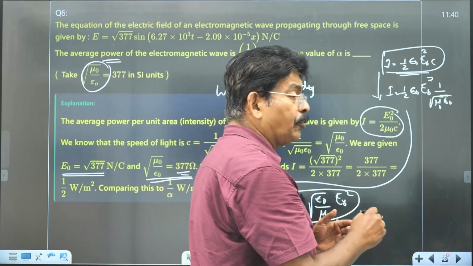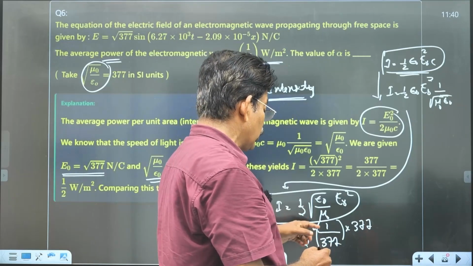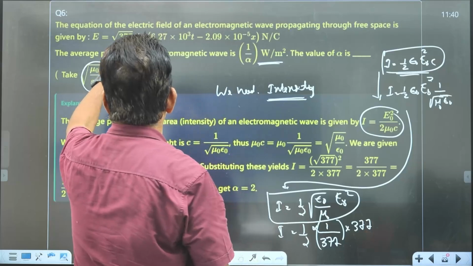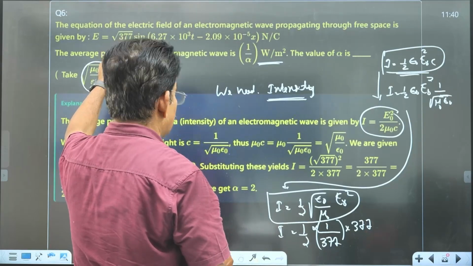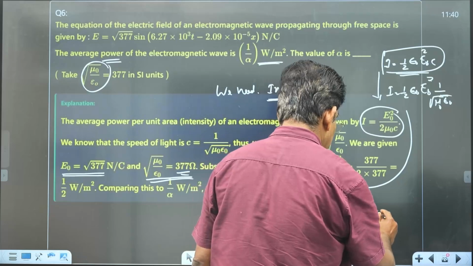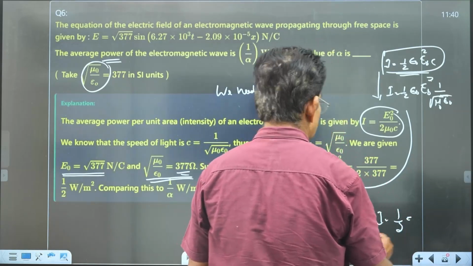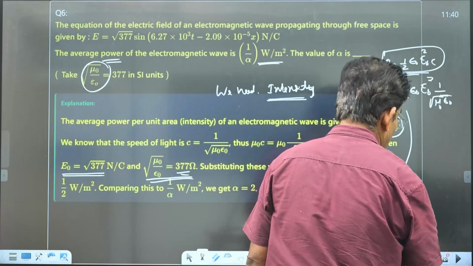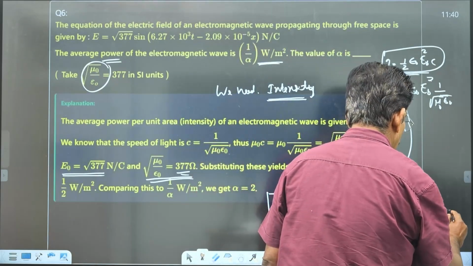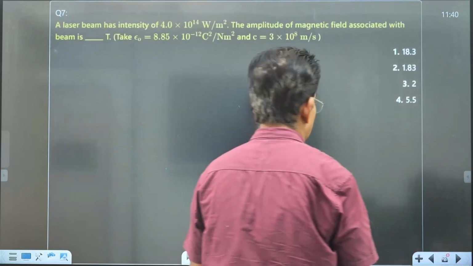We know root of mu 0 by epsilon 0 is 377, therefore the reciprocal will be 1 by 377. E0 square from the equation is root 377 square, which will be 377. The 377 gets cancelled. I comes to be 1 by 2. It is given that I is equal to 1 by alpha, so in place of alpha you have 2. Now, we'll go to the next question.